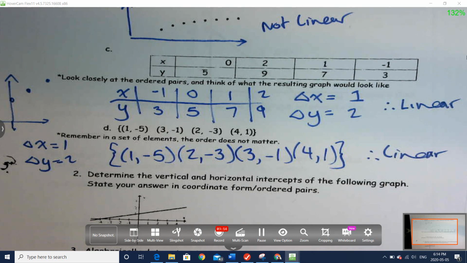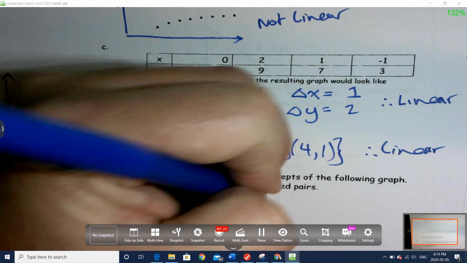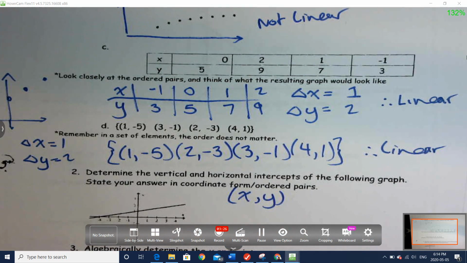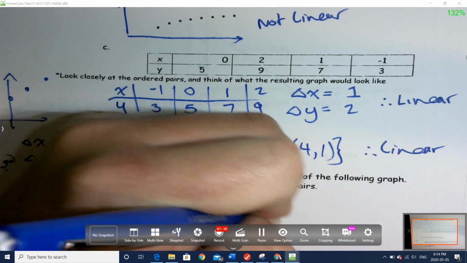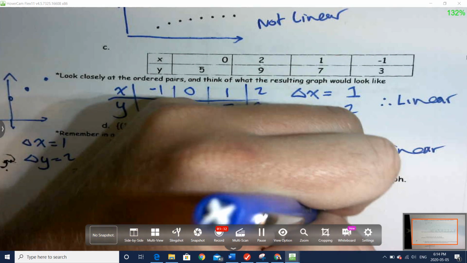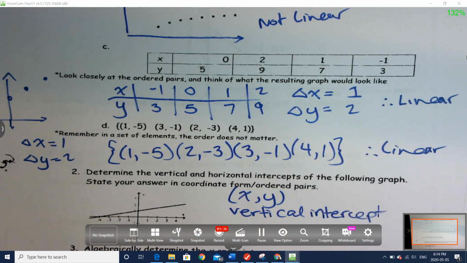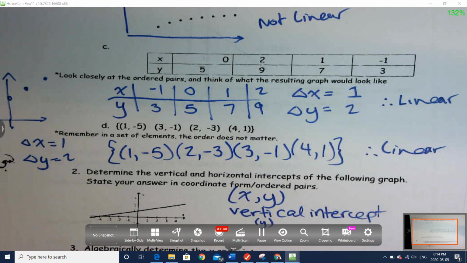Determine the vertical and horizontal intercepts of the following graph. State your answer in coordinate form or ordered pairs. That means the same thing. Remember that coordinates are listed as x, y, and your vertical intercept occurs when you pass through the y-axis.